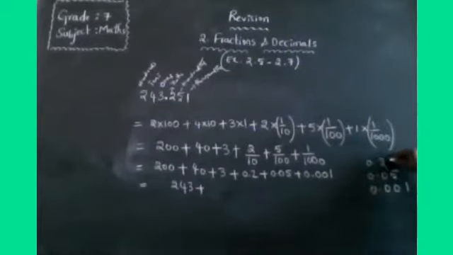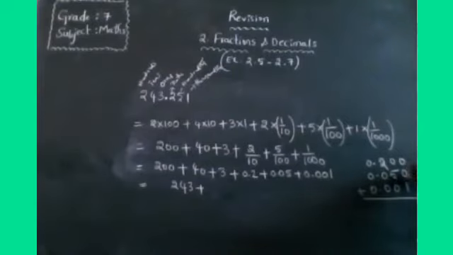Here, after the point, only the tenth part is taken, so there is no hundredth part or thousandth part. At that time you have to give 0. If you add 0, there is no change of value. That means it doesn't change the number. The same value is there. So here 3 digits are there, so you have to give zeros. You can add zeros.